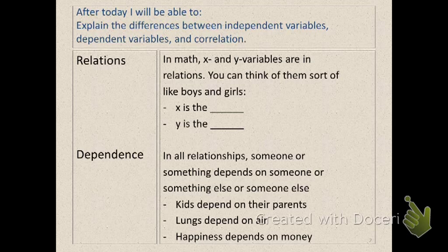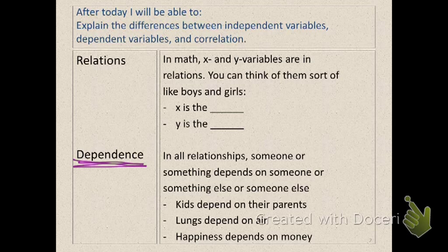You can sort of think of the x and the y in a relationship like boys and girls are in a relationship. Because we're going to use this later on, x, they're the girls, and y's, they're the boys. Now, dependence. Believe it or not, in every relationship, there's dependence.